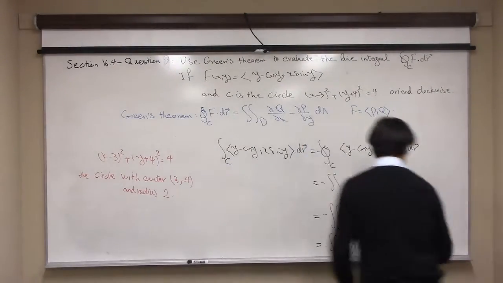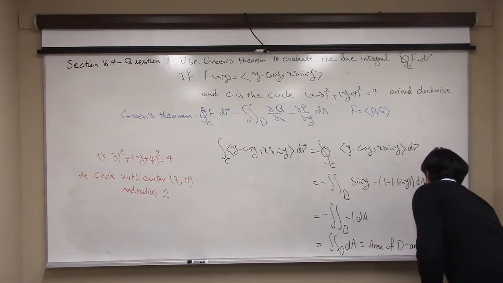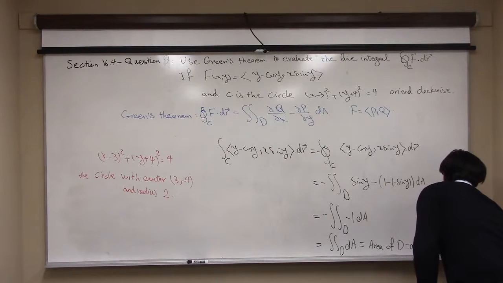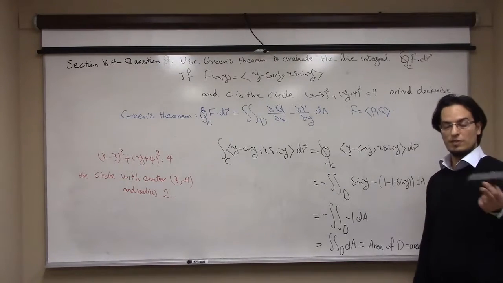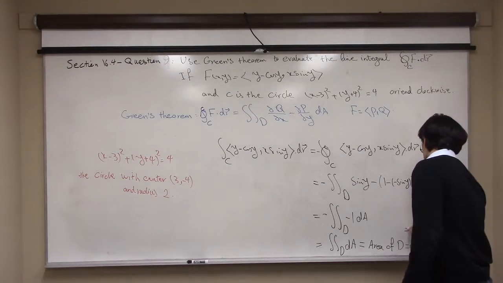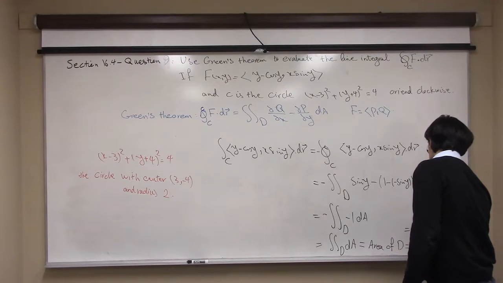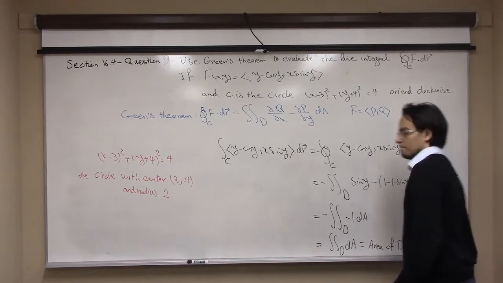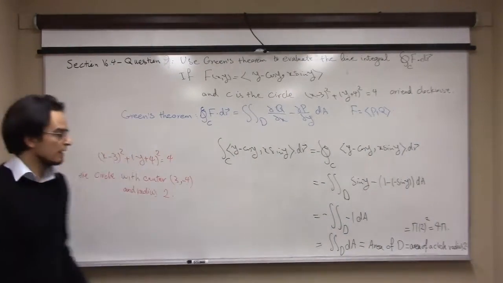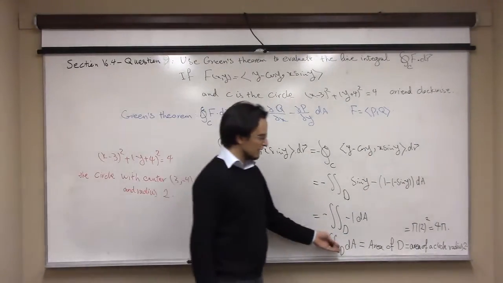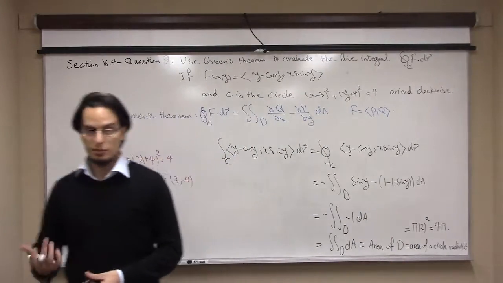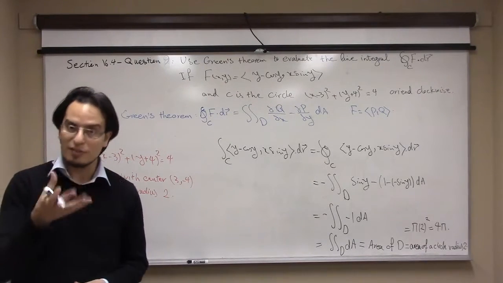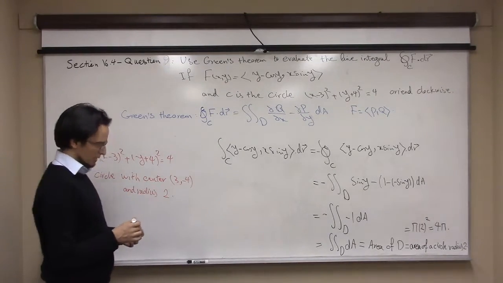You know that the area of a circle with radius r is equal to pi r squared. So in this case, the double integral ended up being an easy integral, and we could do it without actual integration because we knew the meaning of it.